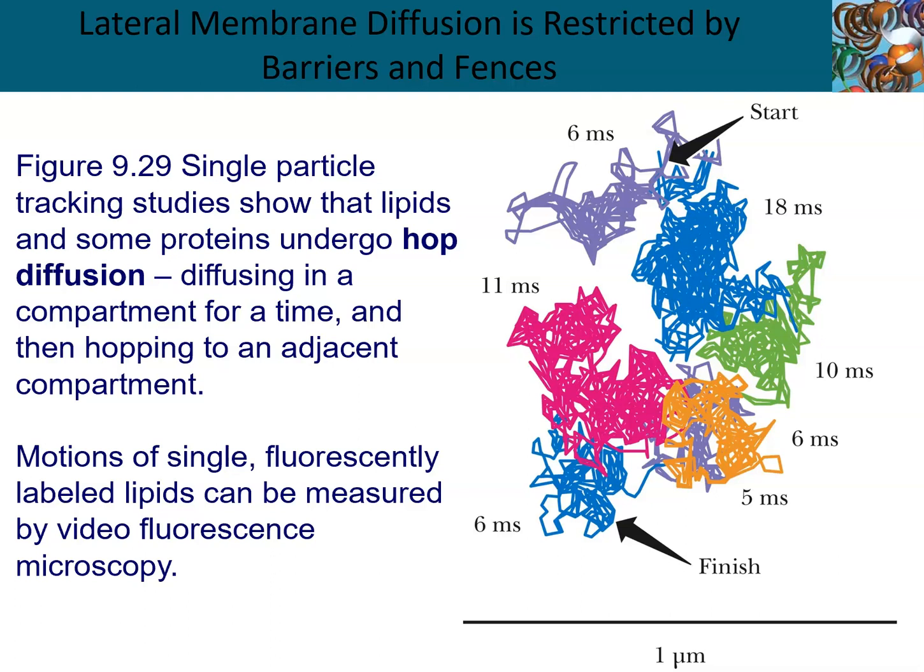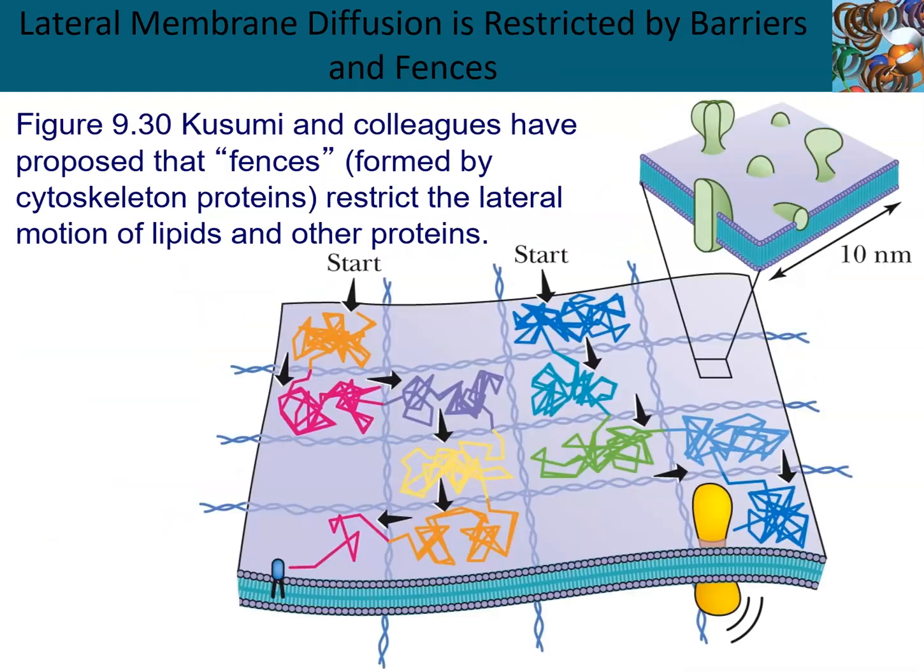So even though you have this little bit of extra mobility with the lipids, proteins have to be pulled out and reinserted someplace else. And this is just a two-dimensional or three-dimensional view of the cytoskeletal fence and how this hop diffusion can take place and how it can impact the lipid composition of a lipid membrane.